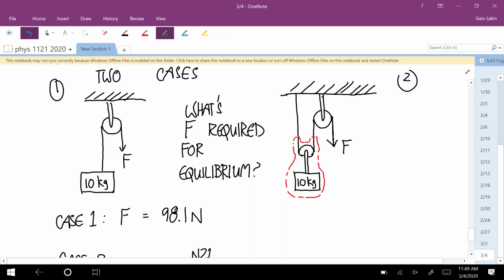Okay, so with a very specific setup of pulleys, you can make it require less force to hold up a heavier thing or to lift a heavier thing. The trade-off is to lift this up an inch, you have to pull the rope down 2 inches. And you can fit more and more pulleys into this to get more advantage.